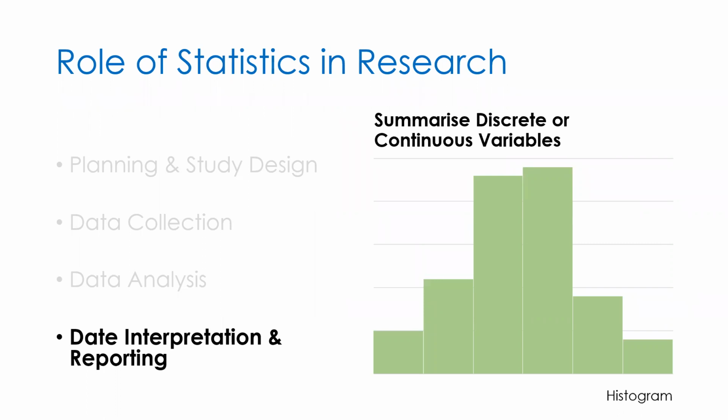Or if you have discrete or continuous variables, discrete variables means that there cannot be fractions. For instance, if you are talking about the number of children, parity, you cannot have fractions within them. So those are discrete variables. Or if there are continuous variables like height, weight, then you can use a histogram to summarize those kinds of variables.